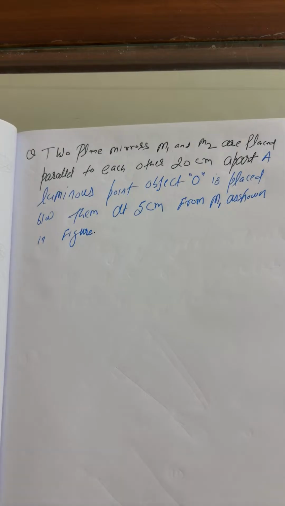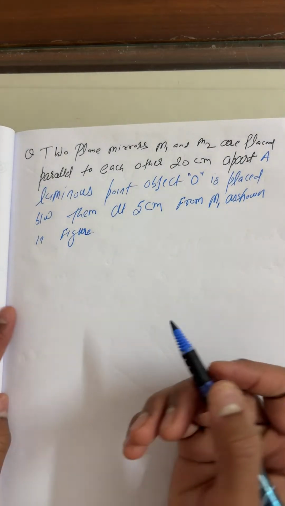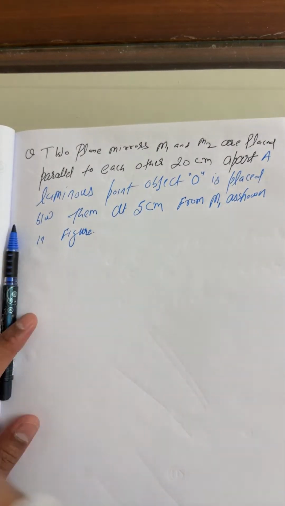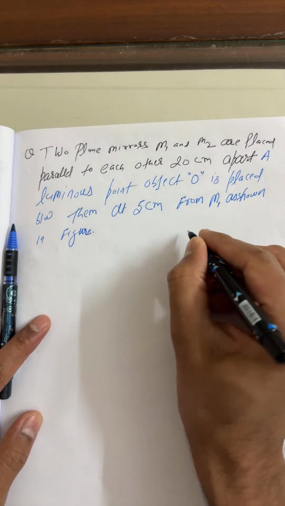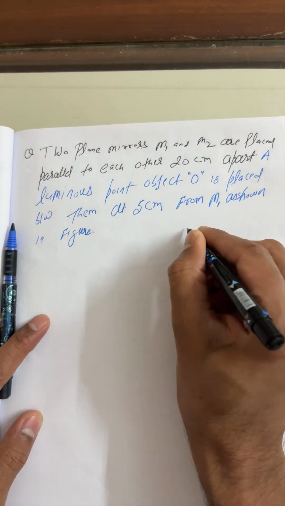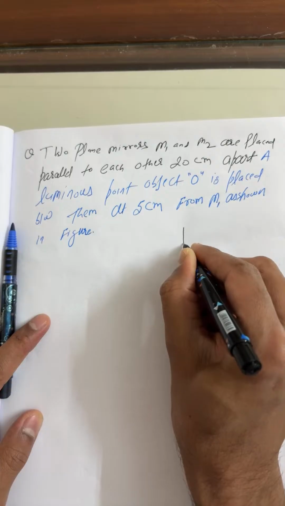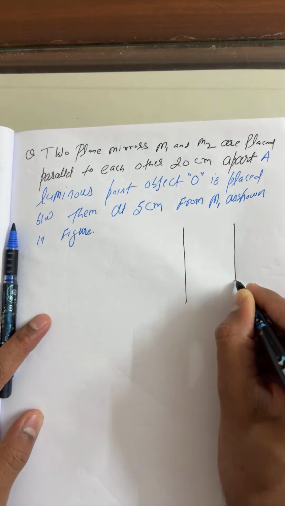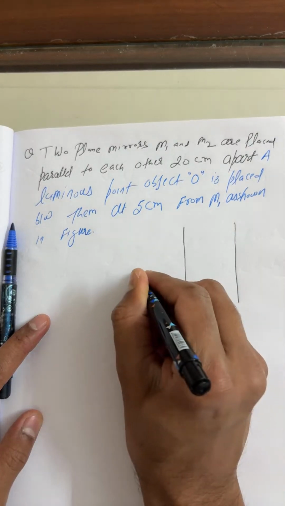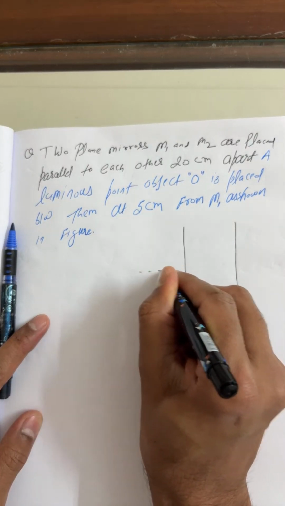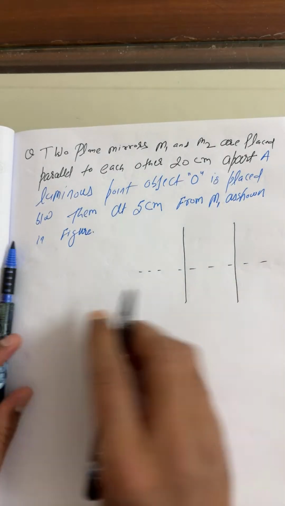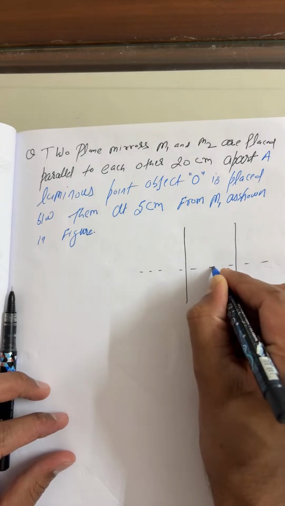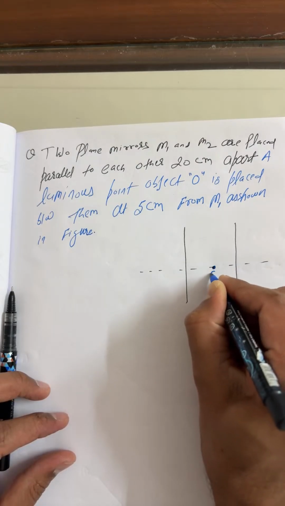Okay, so here students, have a look. Now I'm going to draw the diagram. This information is also mentioned in the question. This is point O, my dear.